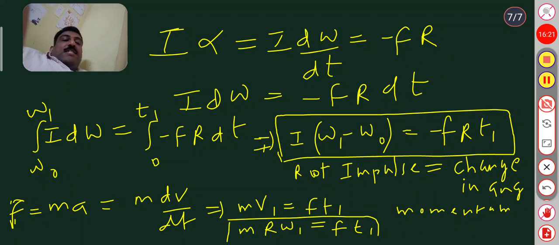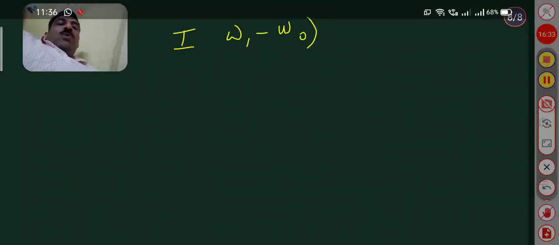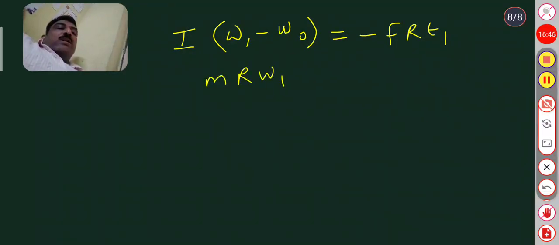This is the second equation. Our first equation is I into omega 1 minus omega 0 is equal to minus F R T1.